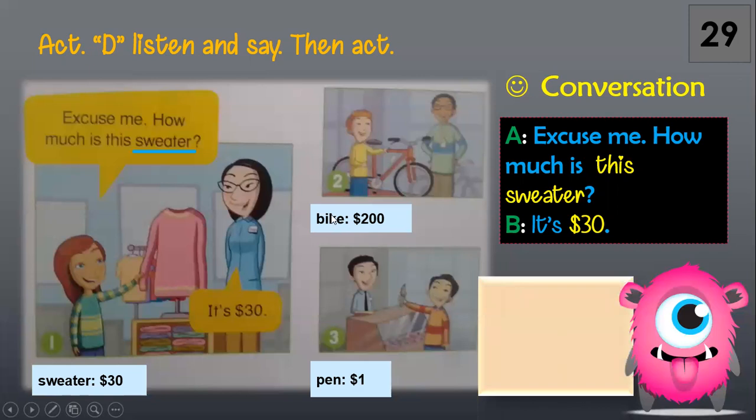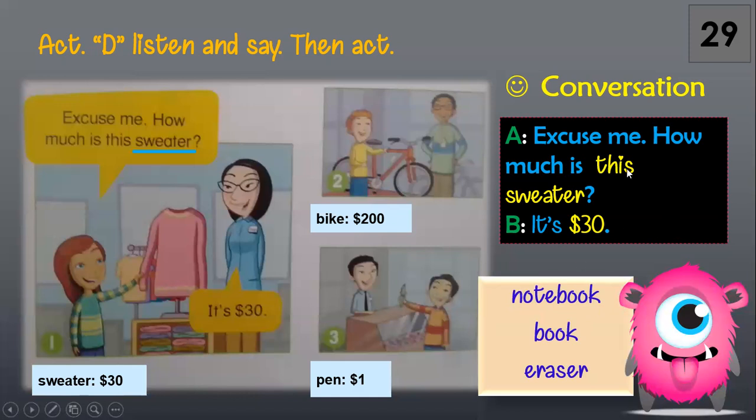As you can see here, we have sweater, bike, pen. I can ask, excuse me, how much is this bike? How much is this pen? Or for example, excuse me, how much is this notebook? Excuse me, how much is this book? Excuse me, how much is this eraser?